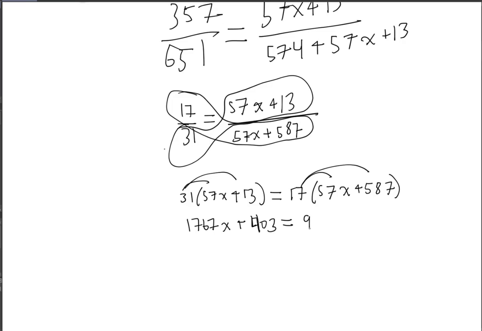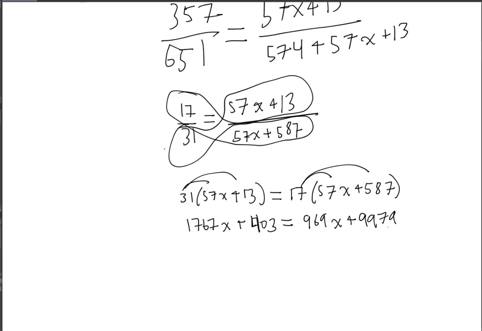So it's equal to 969x, right? Plus 587 times 17, 9979.